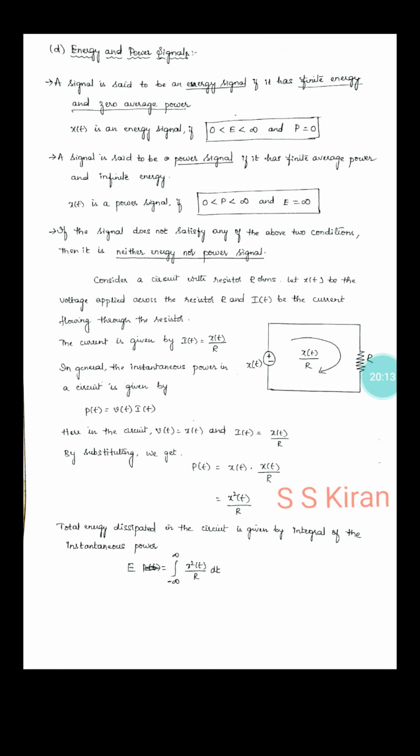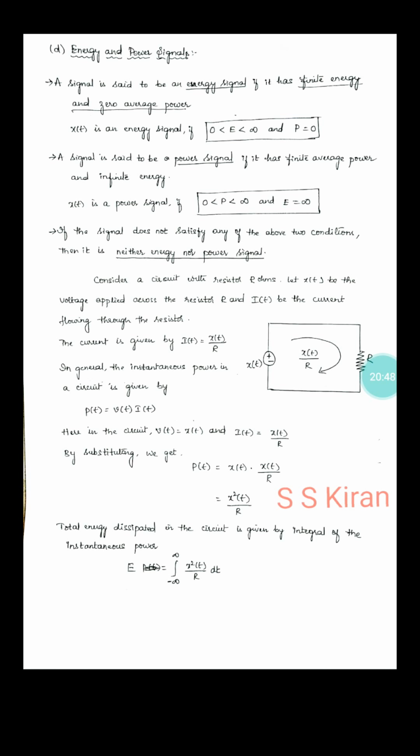Substituting the v of t and i of t values, finally we get p of t is equal to x square of t by R. The total energy in continuous form we can write as an integral; in discrete form, we write a summation. E is equal to the integral from minus infinity to infinity of x square of t by R into dt.